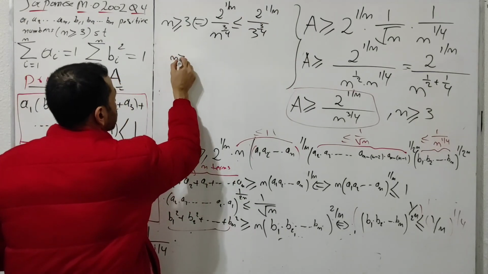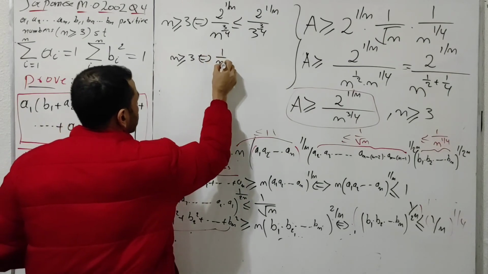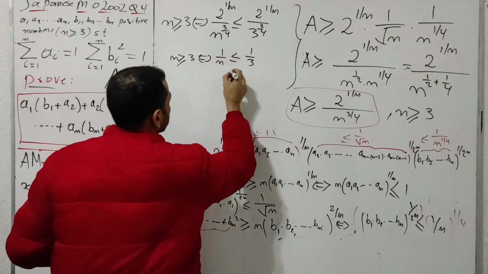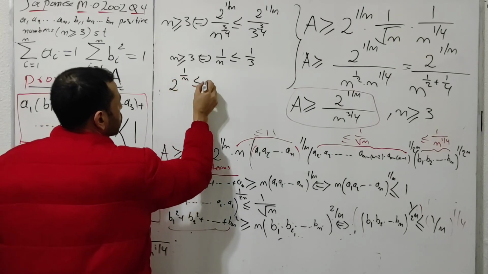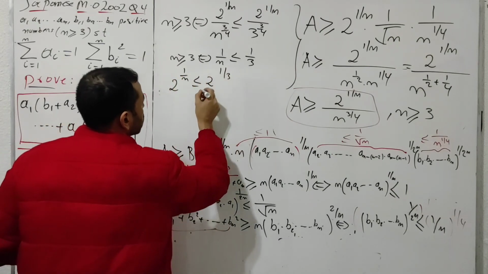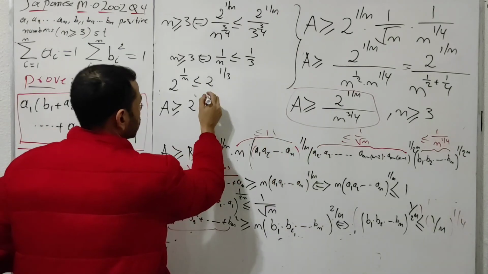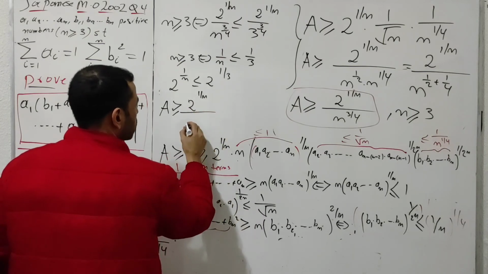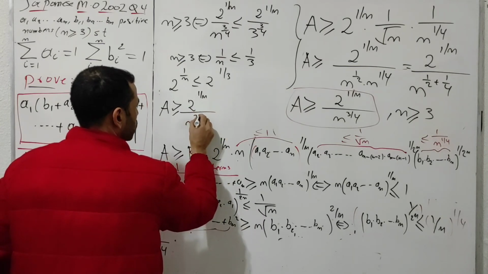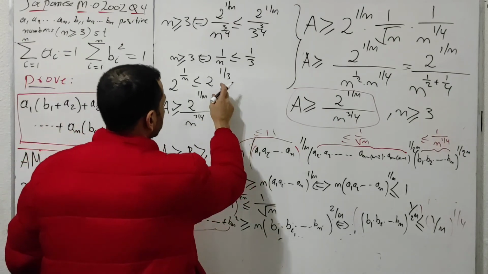We have n superior or equal to 3 equivalent to 1 over n inferior or equal to 1 over 3. I'm going to take both sides to the 1 over n as an exponent. I will get 2 to the 1 over 3, okay, superior or equal to this number, 2 to the 1 over n divided by n to the 3 over 4, which is inferior or equal to these terms.